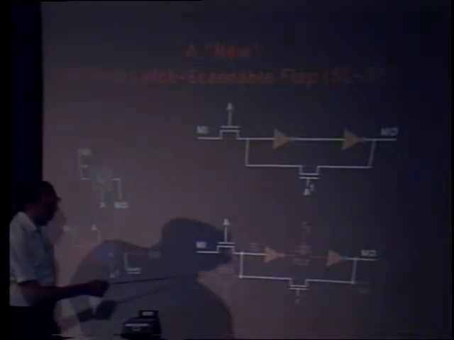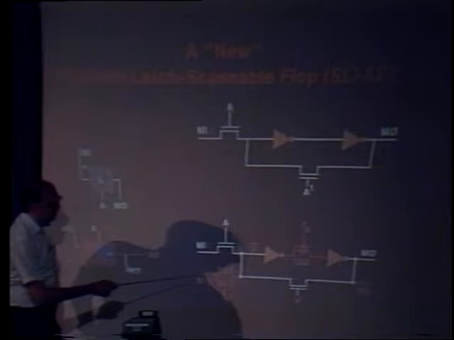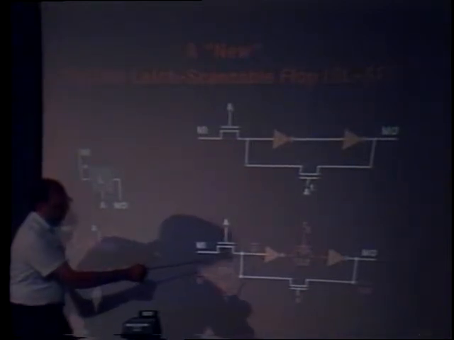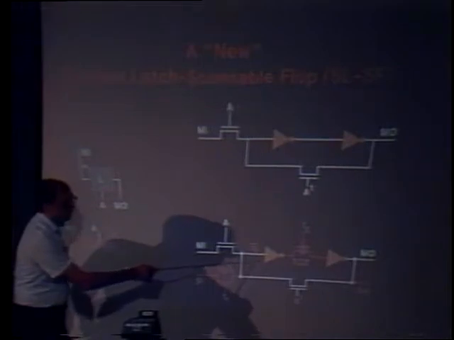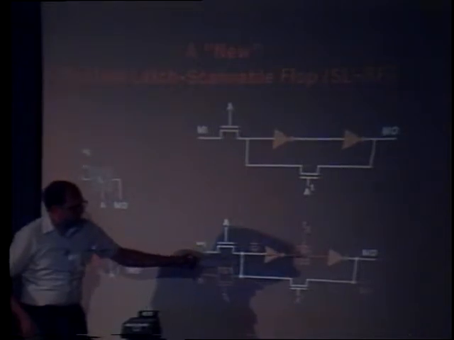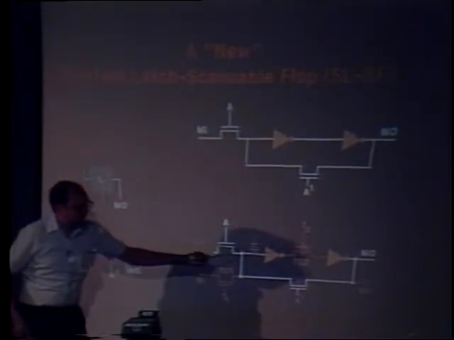There is a master latch formed by this transfer gate and this inverter. This inverter has an input capacitance. That's what makes it a dynamic master latch. And similarly, we have the slave latch here formed by this transfer gate and this inverter. So at the cost of 2 transistors, we could have a scannable latch.